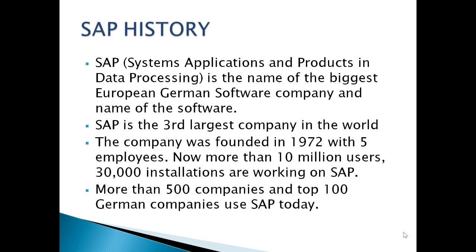Initially it was founded in 1972 with 5 employees, but there are more than 10,000 million users working on SAP and more than 30,000 installations are done using SAP software. More than 500 companies are using SAP today, out of which the top 100 German companies use SAP software.